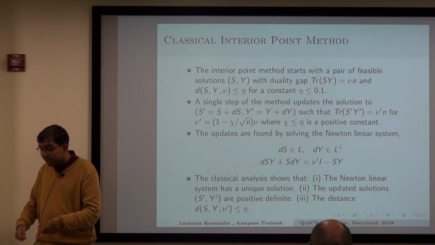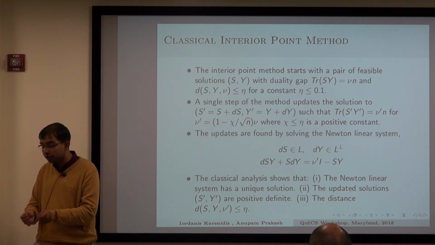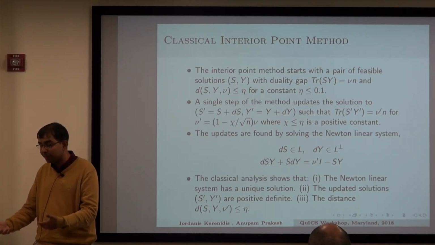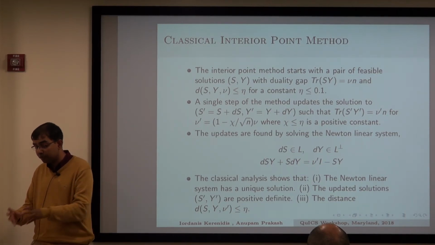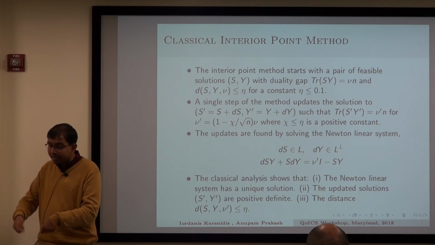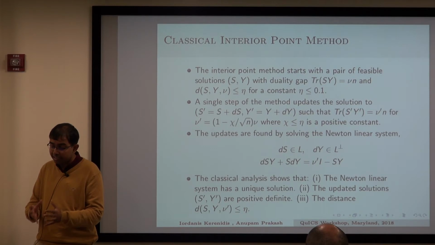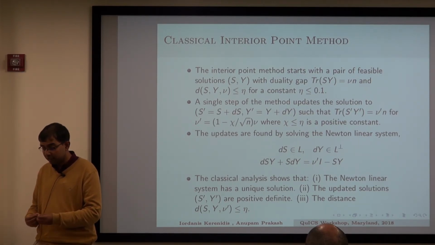The goal is, in a single step, to decrease the duality gap, to find a pair of solutions S prime, Y prime with a smaller duality gap, with nu prime, which is 1 minus a constant over square root n, times nu. And to maintain the distance as before, so the distance of S, Y, nu should remain constant while the duality gap decreases.